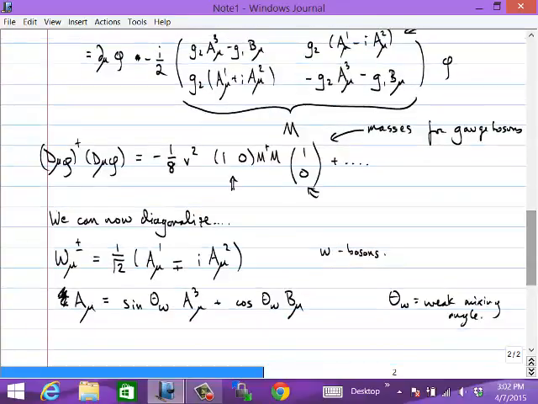I have a sine and a cosine there because I want my field to be canonically normalized, since sine squared plus cosine squared is equal to 1. And then there'll be one other mode, which is transverse to the electromagnetic linear combination, whose coefficients are cosine and minus sine.